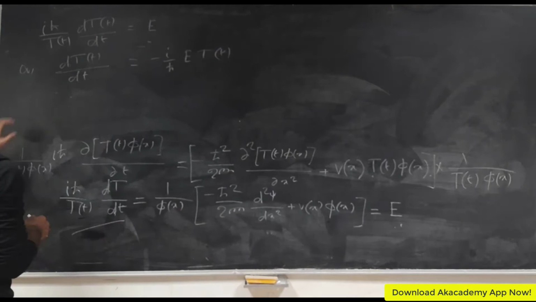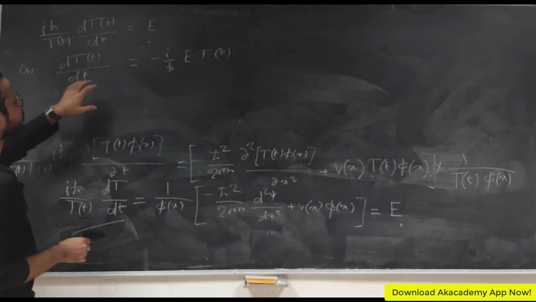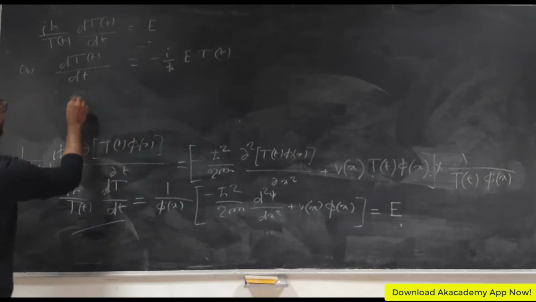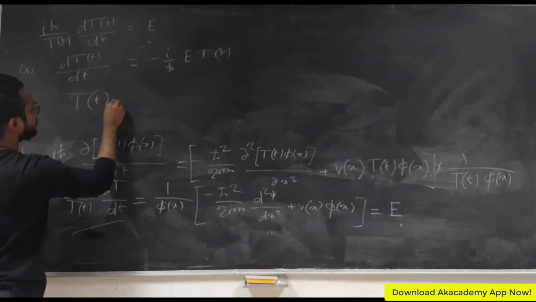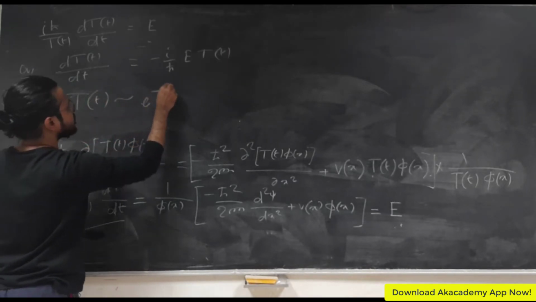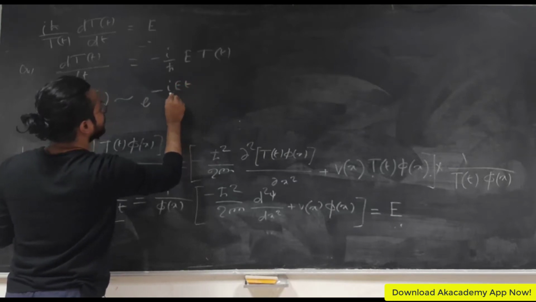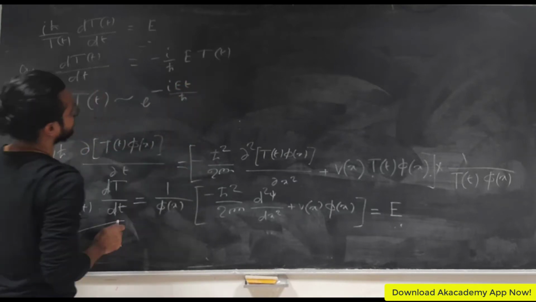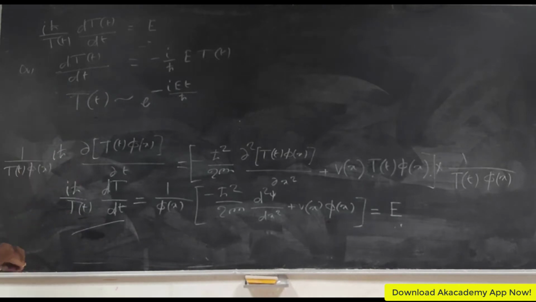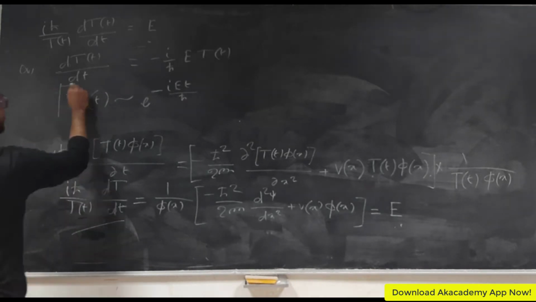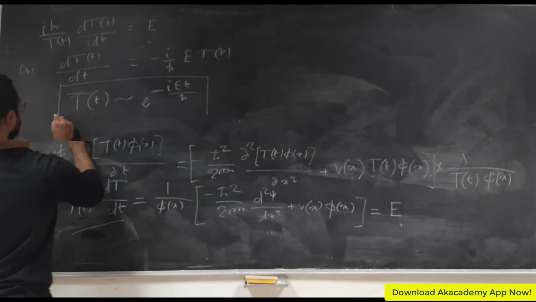Now this is a very simple differential equation, and the solution of this is exponential of minus i E t over h bar. So this is the time part that we are getting.